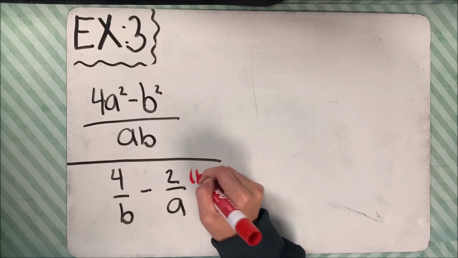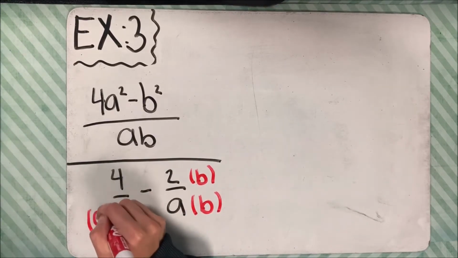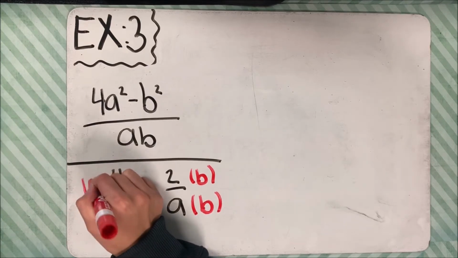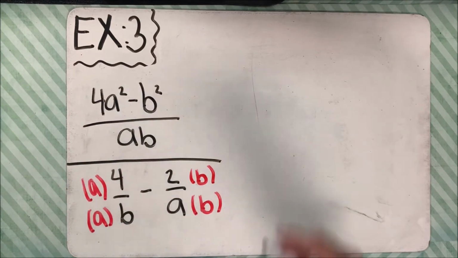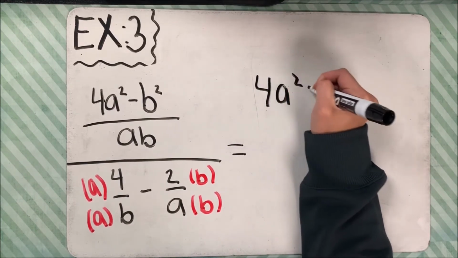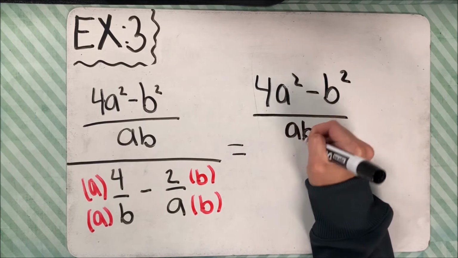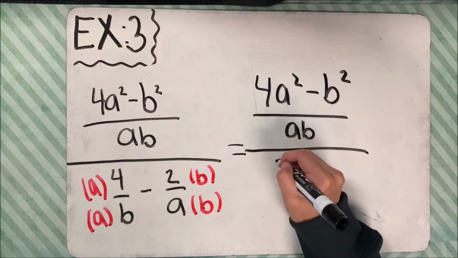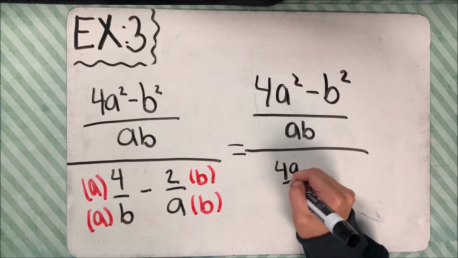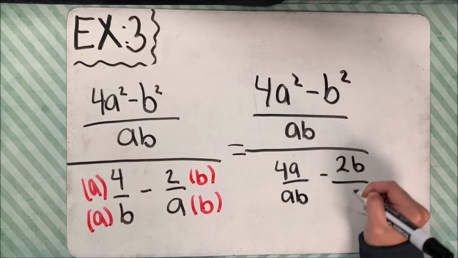In example 3, we have 4a squared minus b squared over ab over 4 over b minus 2 over a, and I will multiply it by the least common denominator so that we'll have the same denominator in the bottom portion. This results in 4a squared minus b squared over ab over 4a over ab minus 2b over ab.